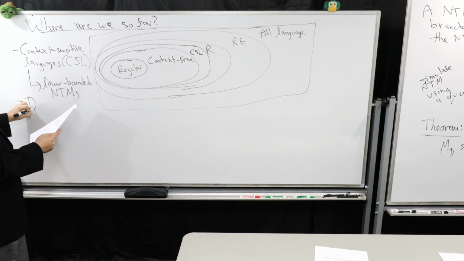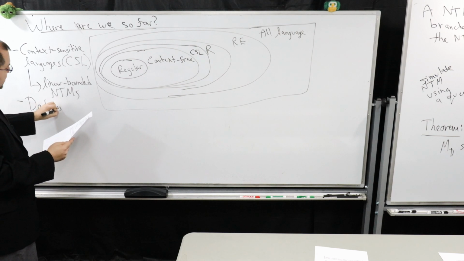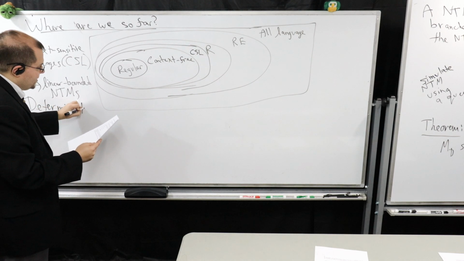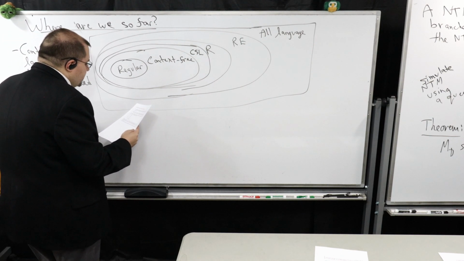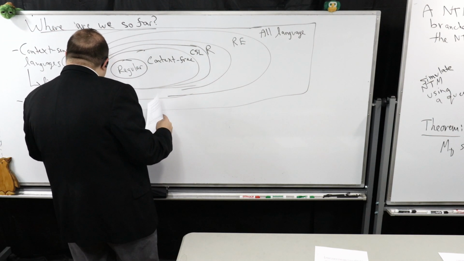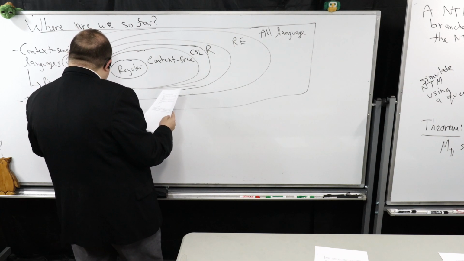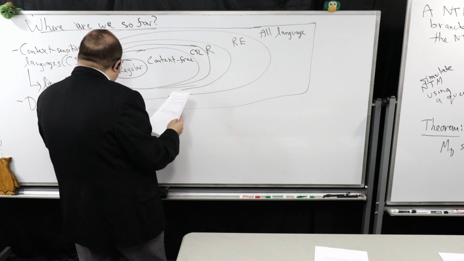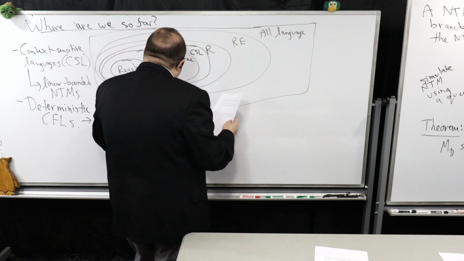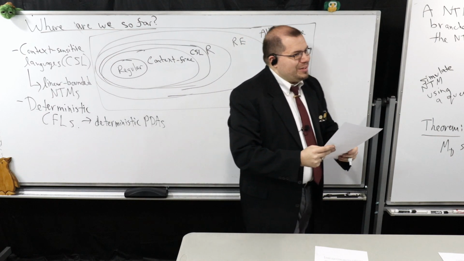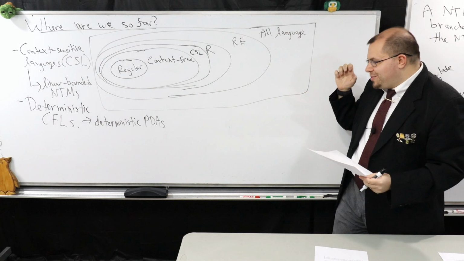Another class that I didn't tell you about is the so-called deterministic context-free languages. These are described by what we call deterministic PDAs. As the name suggests, you lost a lot of features of the PDAs.